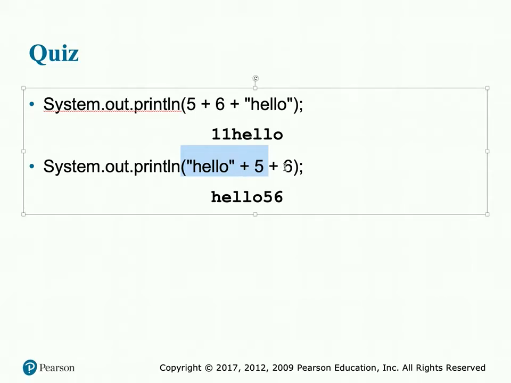String plus another integer. This turns this integer into a string, and so the end result will become the character set HELLO56. So keep in mind that even though it looks like things are happening all in one line, internally to the computer, it can only do one of these operations at a time.